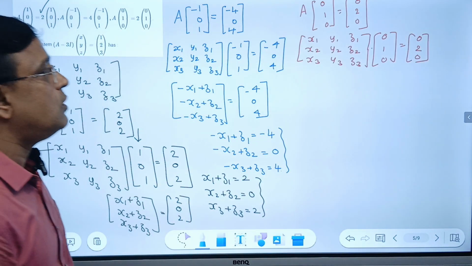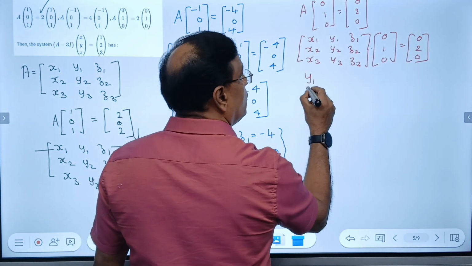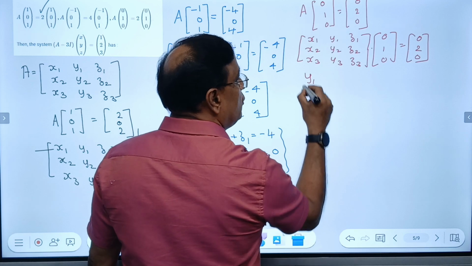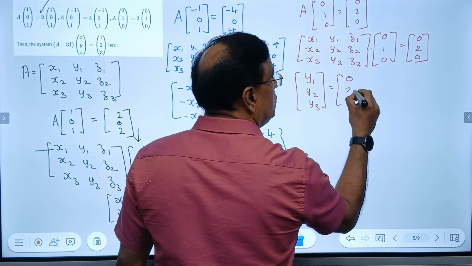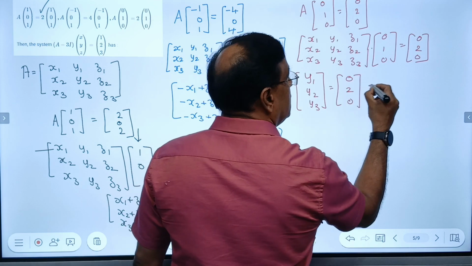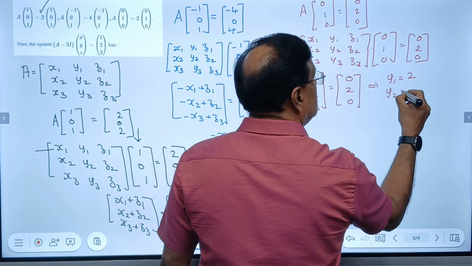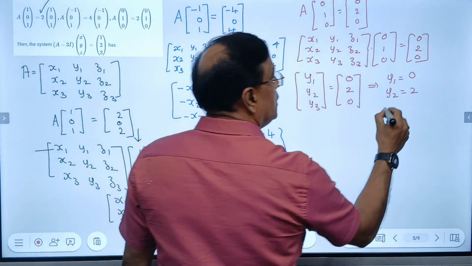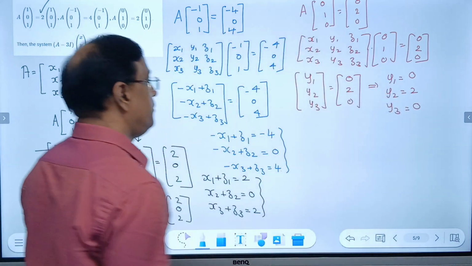Now first row, first column, you automatically get y1, then y2, then y3 when you do matrix multiplication, which is equal to 0, 2, 0. This implies y1 is 0, y2 is 2, and y3 is 0.